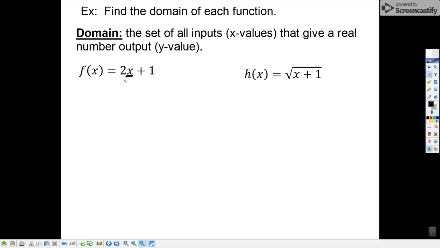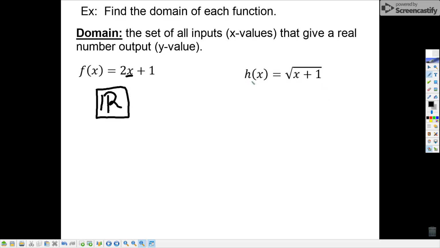The reason for that is because 2 is a real number, and x has to be a real number. If you multiply two real numbers together, you always get a real number. And then if you add a real number to a real number, you get a real number. Okay, so this is all real numbers. This is the symbol for all real numbers. Let's go on to our second one.